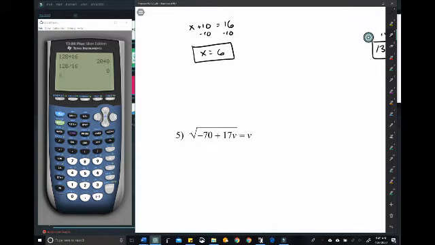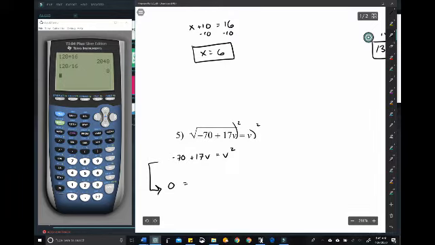Number 5, this time v is on the right, so we're going to square both sides. Negative 70 plus 17v is equal to v squared. You then need to solve by setting equal to 0. So v squared minus 17v plus 70. You need to subtract the 17v and add the 70 to the other side.